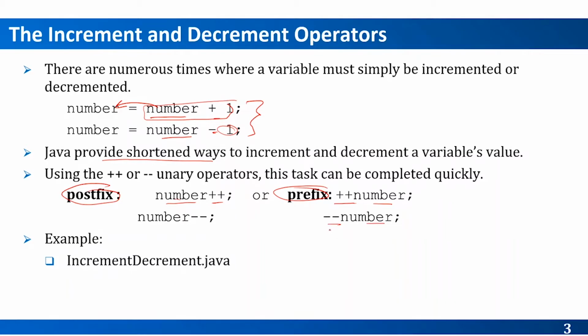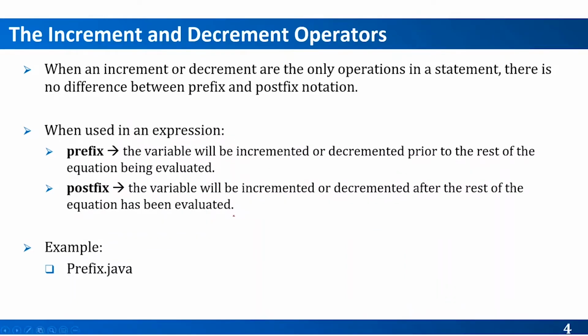So to understand the difference between the two, we will need to think about in what situation you're using it. How are you using it? That's the question you need to ask yourself. So in general, the prefix, in which you have something like plus plus n, that's a prefix.